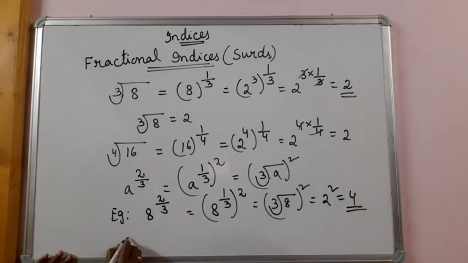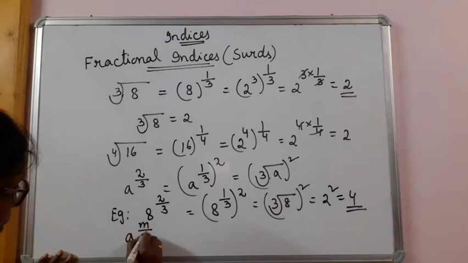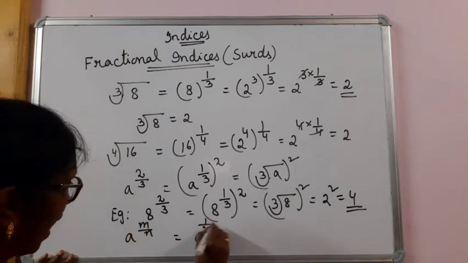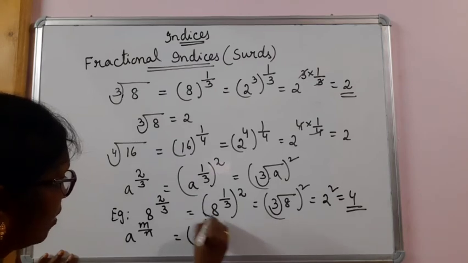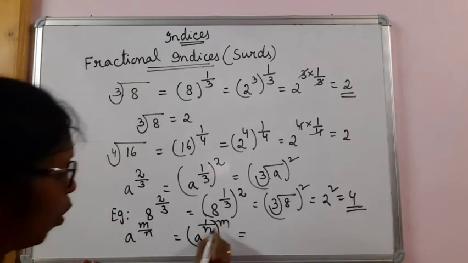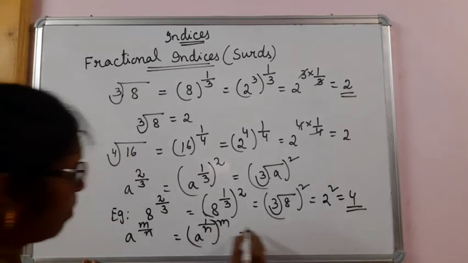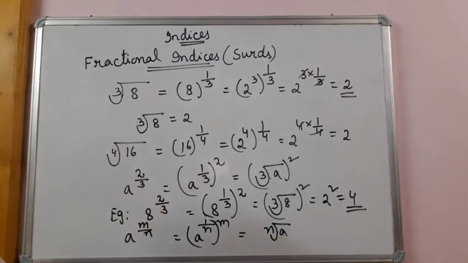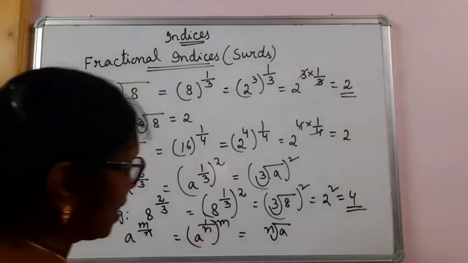In the same way, if it is a to the power m by n, you can write a to the power 1 by n, whole to the power m. a to the power 1 by n means nth root of a, and power m is there.